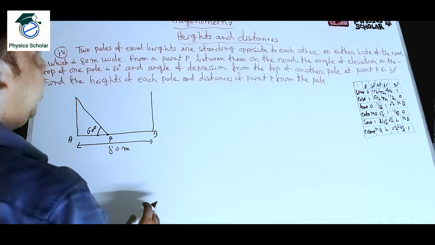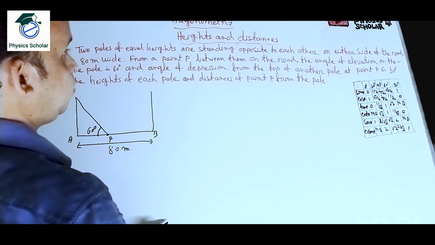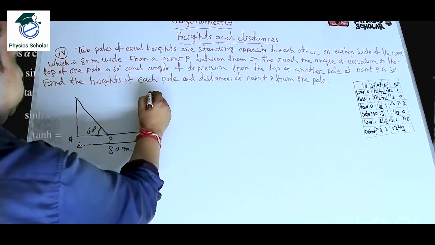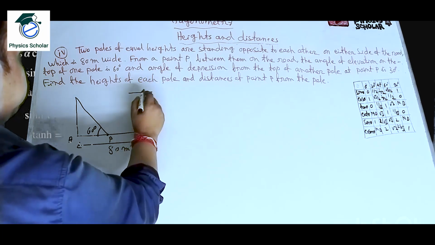Clear? And the angle of depression from the top of another pole, so another pole means this pole. Clear?